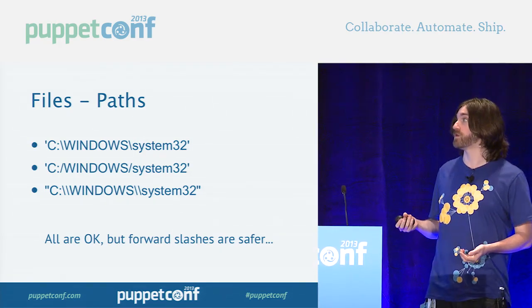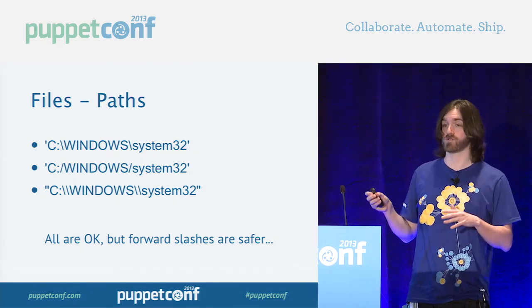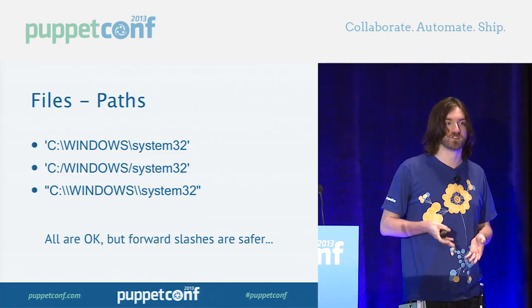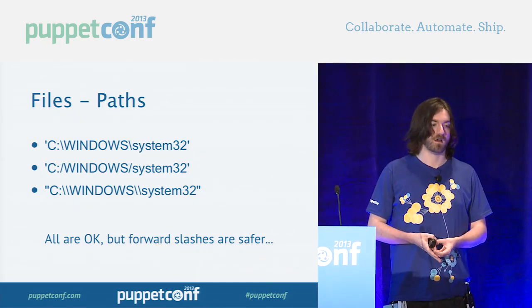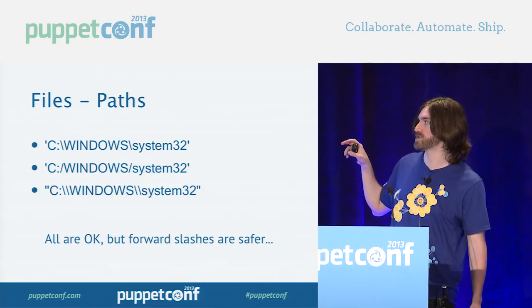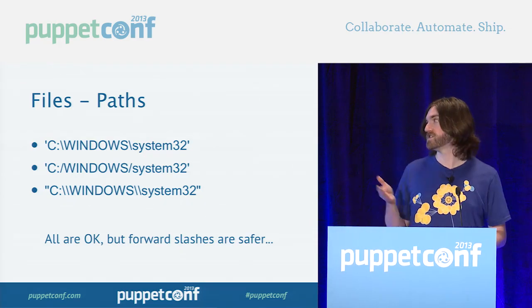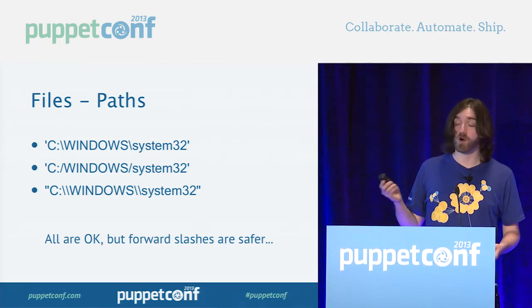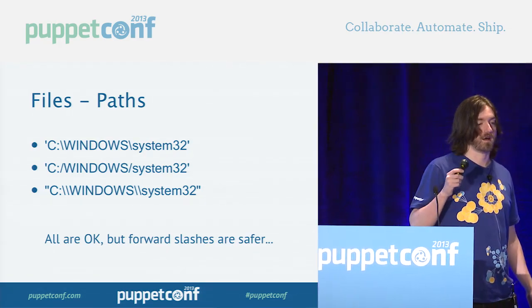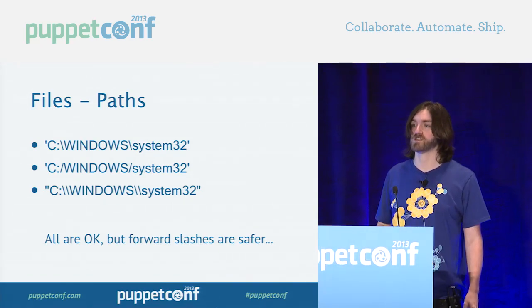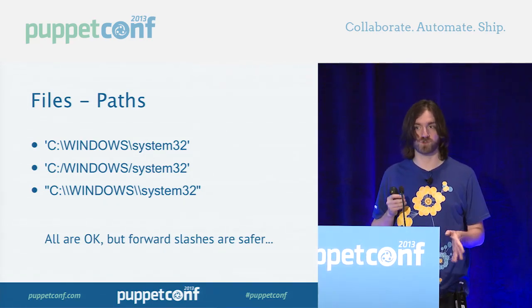Similarly, if we use single quotes, the backslashes will be disregarded. They'll be treated like a regular backslash instead of as an escape character. And then finally, if you're using double quotes, which allows for a thing called variable interpolation, where escape characters will actually do something, you simply escape the backslash. Now, all of these will basically work. You should probably try to use the forward slashes if you can, so that you avoid confusion with escape characters.